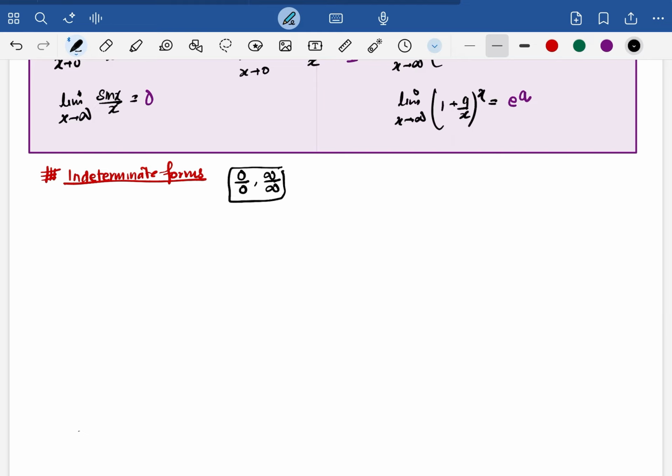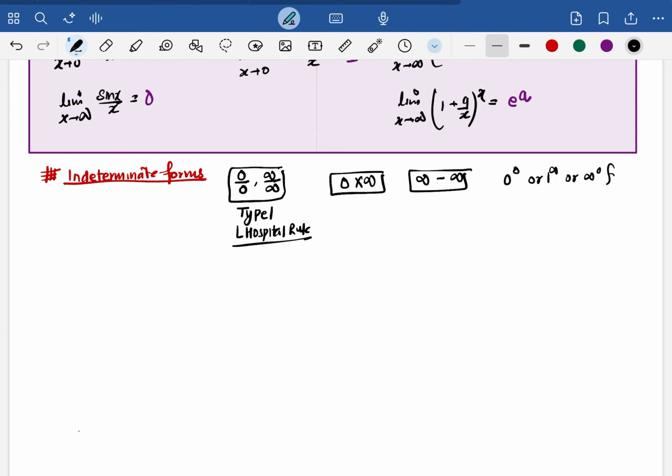So we will be covering this as type 1, and in this basically we use the L'Hospital rule. We will be covering each one by one. The second type can be 0 into infinity, the third type can be infinity minus infinity, and the fourth are forms like 0 to the power 0, 1 to the power infinity, or infinity to the power 0.